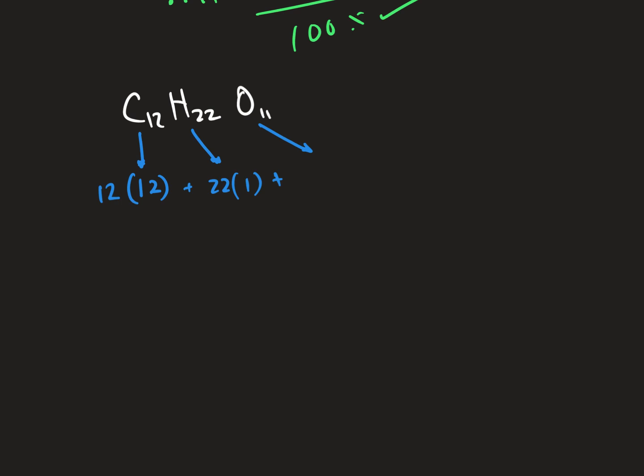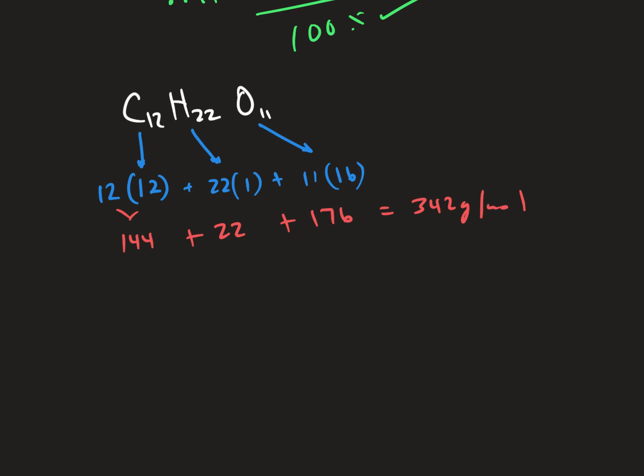And the molar mass of oxygen is 16, but there's 11 of them. So we multiply those and get 144, like Vera said, 22 for hydrogen and 176 for oxygen, if we do our math, right? And I add these together and I get 342. 342 grams per mole, right?